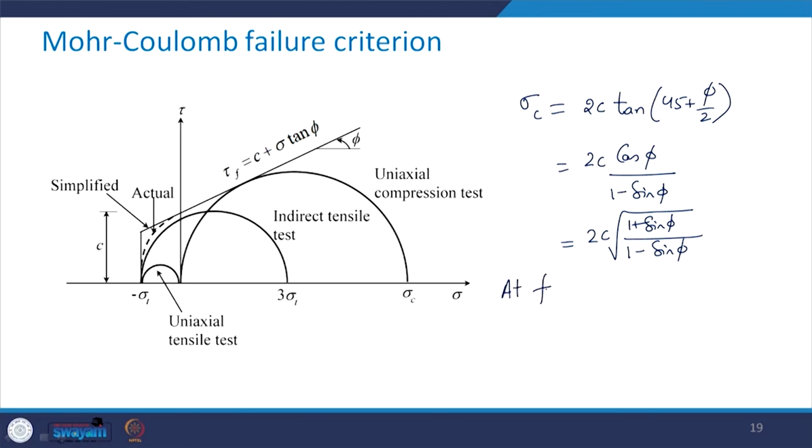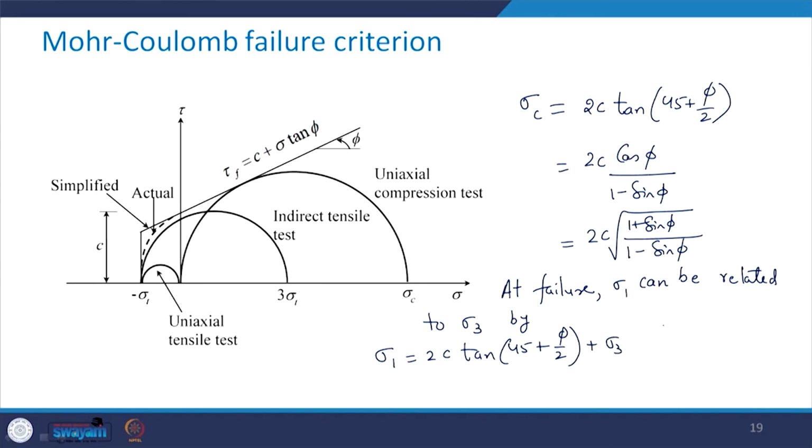At failure, sigma 1 can be related to sigma 3 by this expression, which is sigma 1 equal to 2c tan of 45 plus phi by 2 plus sigma 3 tan square 45 plus phi by 2, or sigma 1 is equal to sigma c plus sigma 3 tan square 45 plus phi by 2.